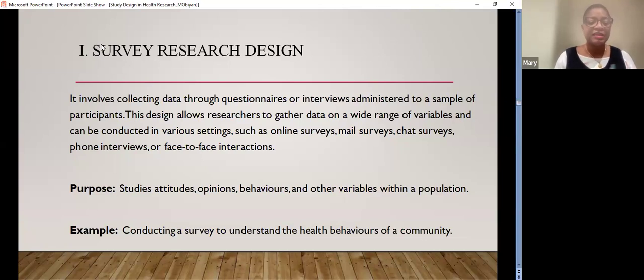It involves collecting data through questionnaires or interviews administered to a sample of participants. The design allows researchers to gather data on a wide range of variables, and data can be collected in various settings, such as online surveys. You can mail the survey questionnaire in. We have chat surveys now.